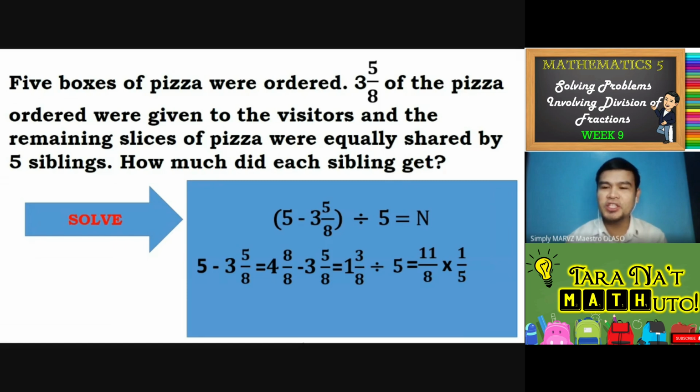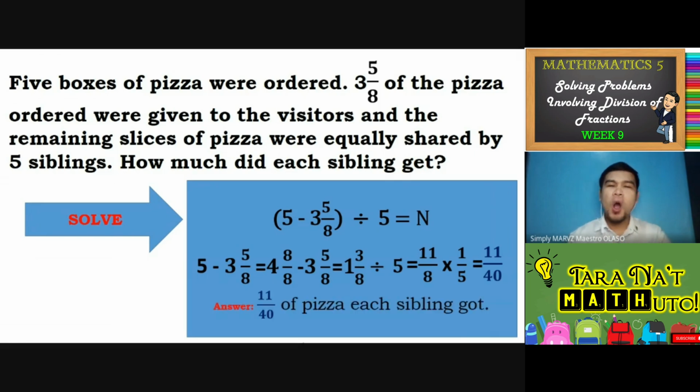Naging multiplication now. Then, F stands for flip. 5 ang ating divisor, 5 over 1, kaya ang reciprocal, 1 over 5. So, let's proceed now to multiplying fractions. 11 times 1, 8 times 5, we have 11/40ths. So, our answer now is 11/40ths of pizza each sibling got. Yun ang nakuha ng isa sa magkakapatid.